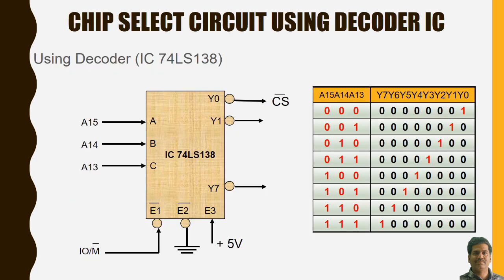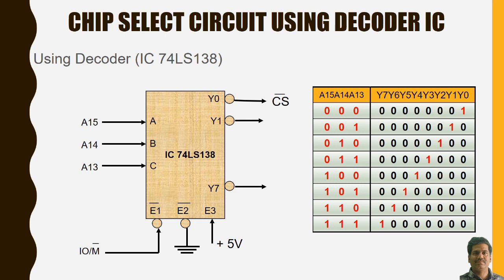Now let us see the chip select circuit using decoder IC. We can use the decoder IC 74LS138, and this particular IC will select a particular address, and accordingly it will provide you the output from Y0 to Y7.